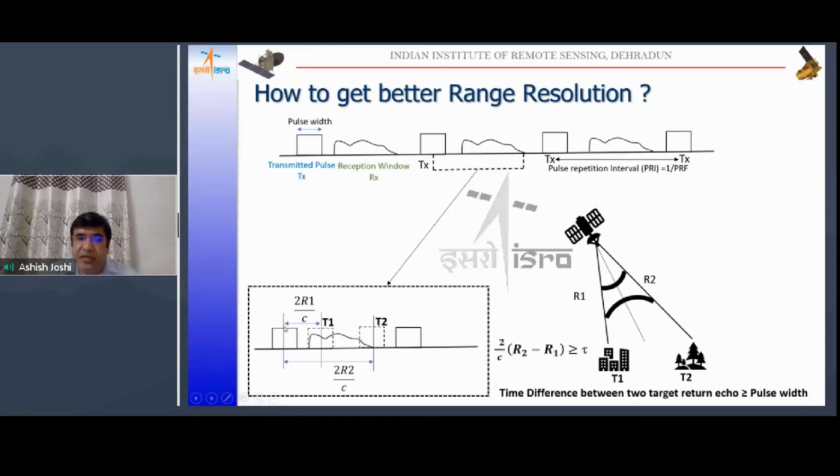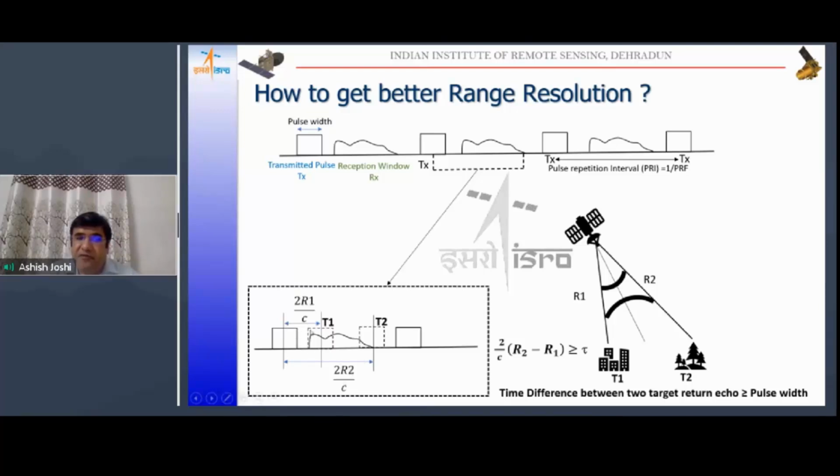So what is the time difference between the transmitted pulse and the first target? It is 2R1 by c, from the formula of the time delay. This is the time for the first target, and this is for the second target, 2R2 by c.